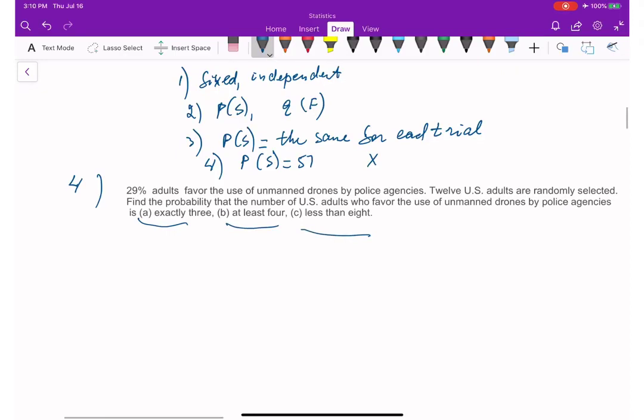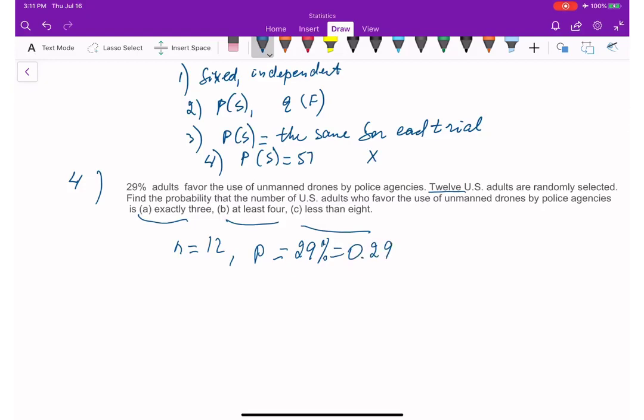Okay, so what do we have? N, we have a total of how many? 12. There we go. N is equal to 12. What else do we have? Probability of success is 29%, which is equal to 0.29. Then probability of failure is going to be 1 minus 0.29, which is equal to 0.71.